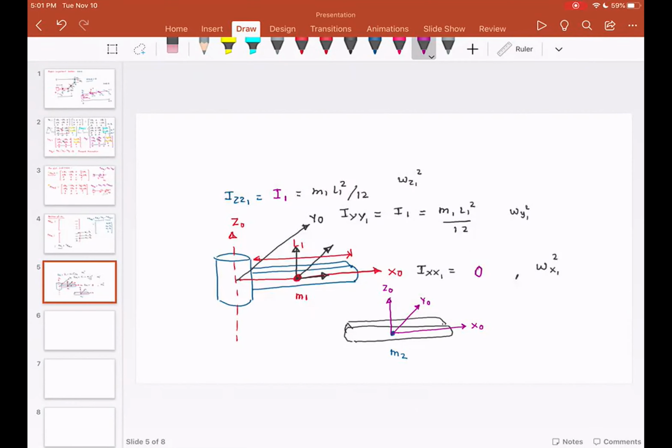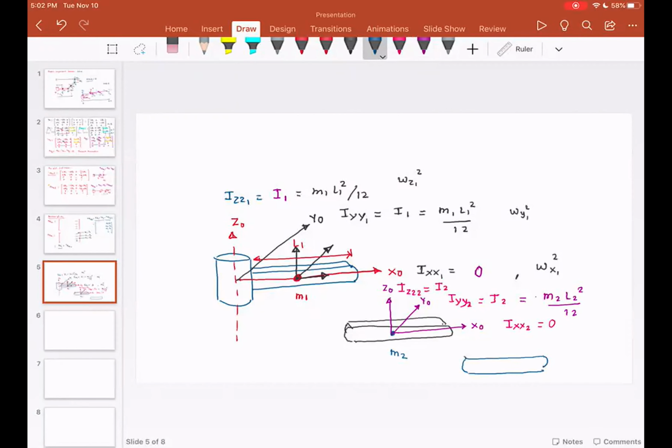And again, IXX for mass 2 is going to be 0, IYY for mass 2 is going to be I2, and IZZ for mass 2 is going to be I2, and I2 is going to be M2 L2 square by 12. Everyone understood this?